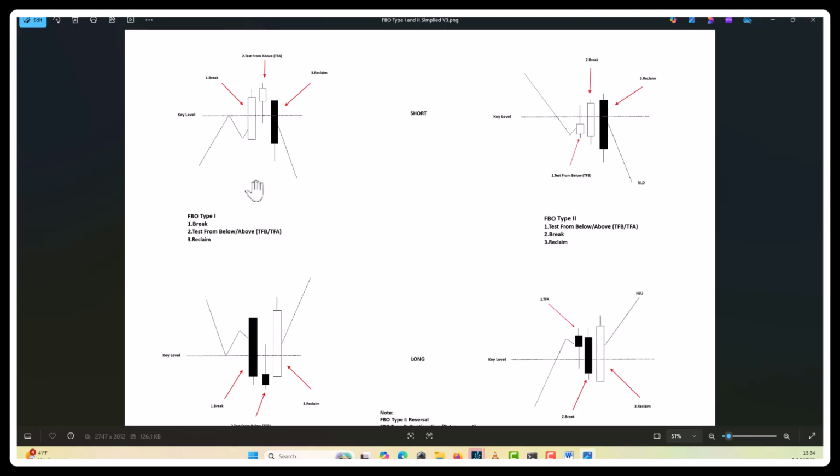Basically you need these 3 steps: a break, a test from above, and then a reclaim or reverse. That's it, type 1. The test from above can be 1 or 2 or sometimes 3 candles. When it builds up that liquidity, the reclaim happens very fast and furious.